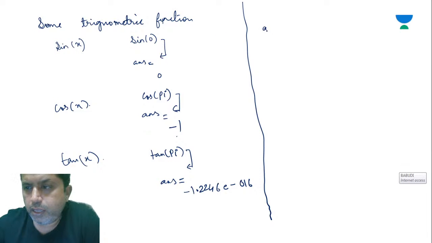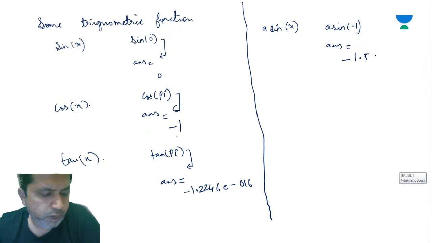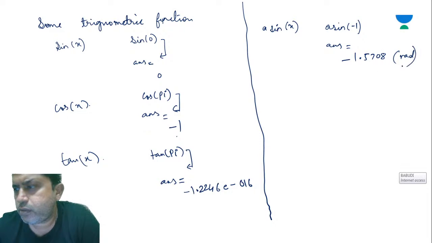Then asin x, that means inverse sine. So this is asin of minus 1, answer is equal to minus 1.5708. This will of course be in radians.